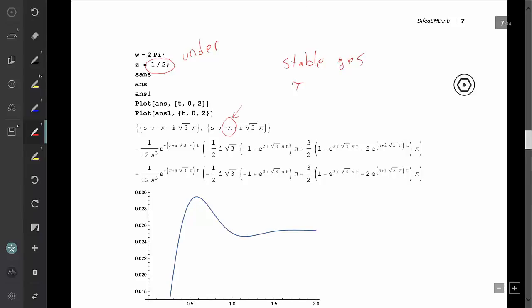What's the time constant? The quick way to do it is you change the plus minus sign of the real part and you invert it. So the time constant is 1 over pi. How long does it take until it gets to the steady state? That would be 4 time constants, and that would be 4 over pi.